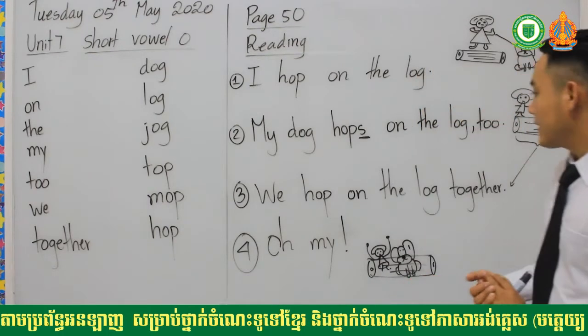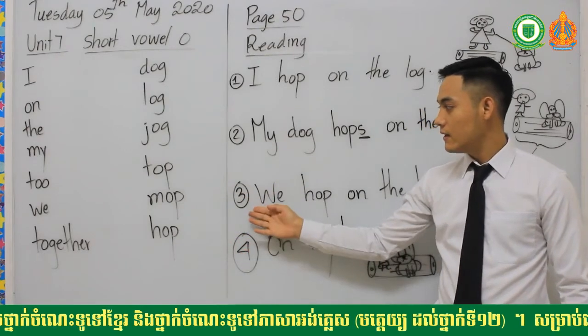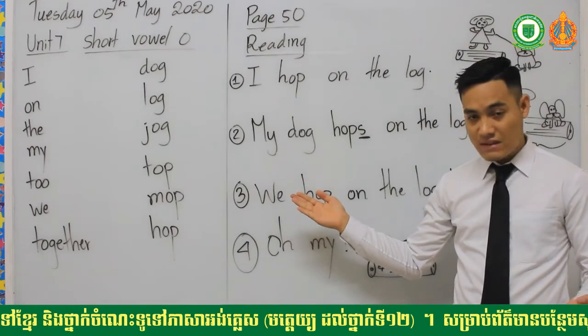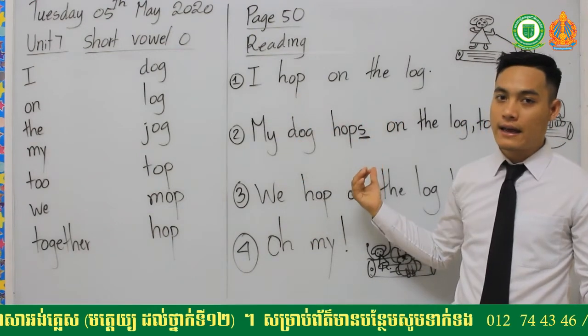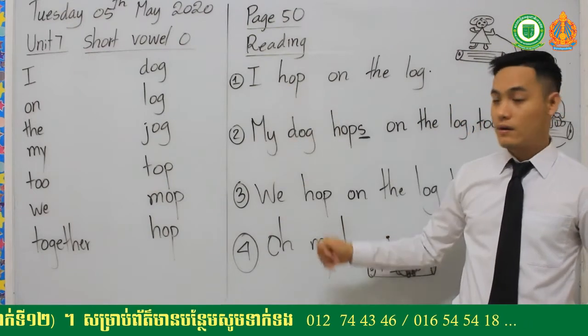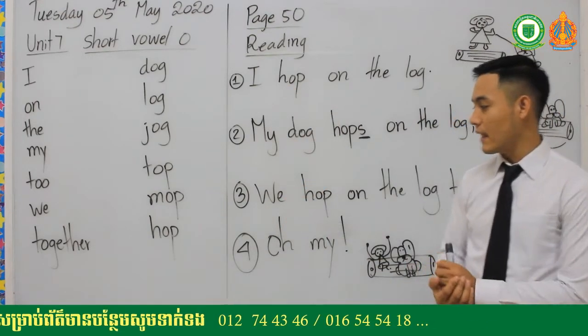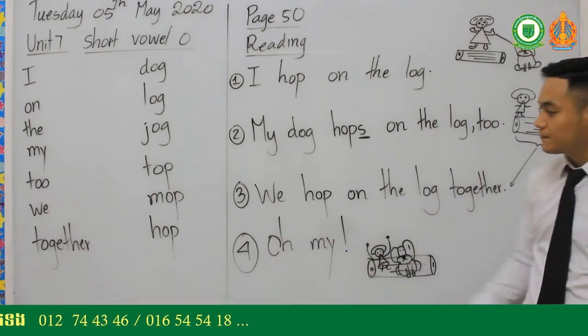Okay, and then the girl goes to the third sentence. The girl doesn't want to talk about I and my dog again. She just replaces I and my dog with the word we, and go together. We hop on the log together.